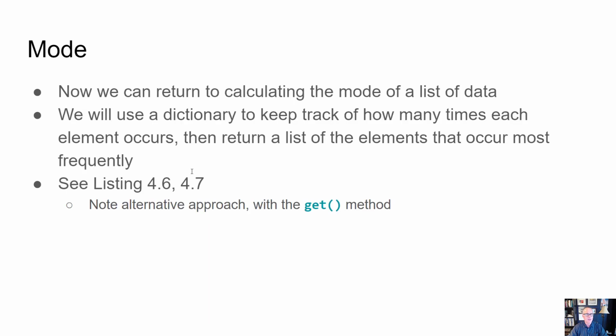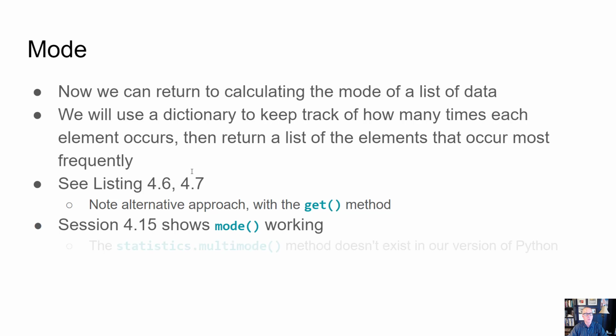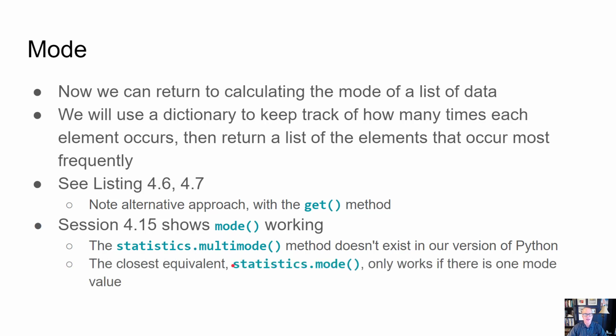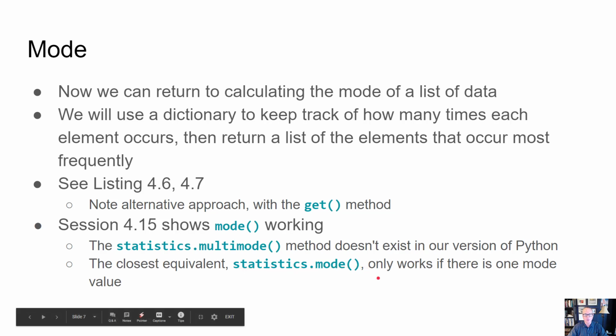Okay, now let's take a look at the statistics version of this. In our version of Python, we don't have statistics.multimode. We just have statistics.mode, and that statistics.mode only works if there's only one value.